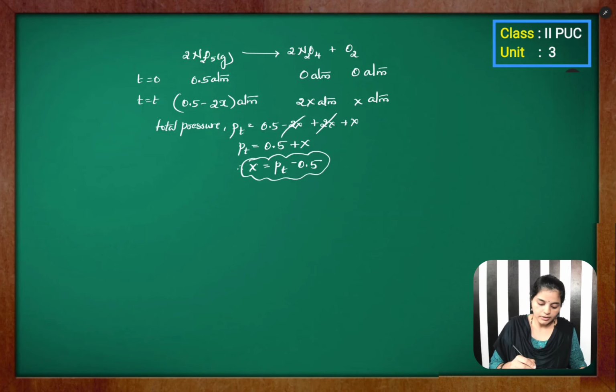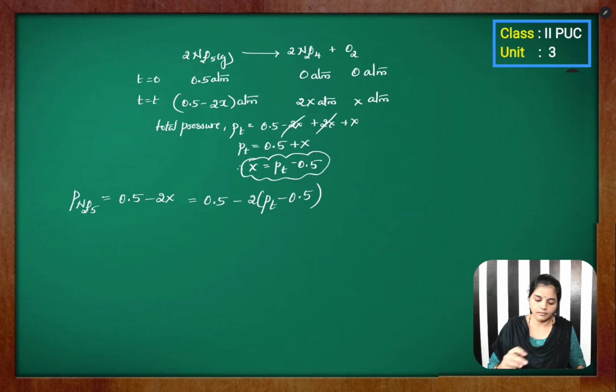The pressure of N2O5 at a time t is 0.5 minus 2X. Substituting for X, that is 0.5 minus 2 into PT minus 0.5. Simplifying, minus into minus is plus 1, so this is equal to 1.5 minus 2 PT, the pressure of N2O5.